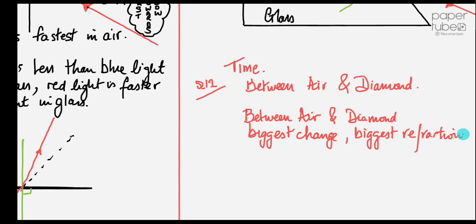So from water, 2.2 by 10 to the power of 8, and the diamond is 1.2 by 10 to the power of 8. Where to get those data? Off the table.